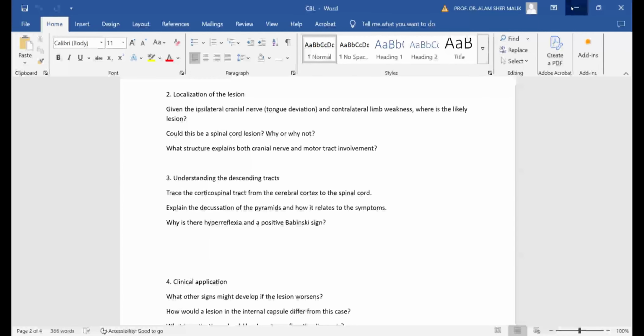So in that case... Dr. Imtiaz, you have to limit your learning objectives. Like in this case, the last one, we are going quite into the details.